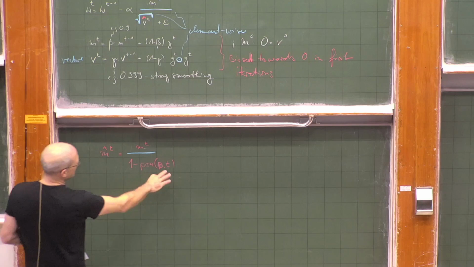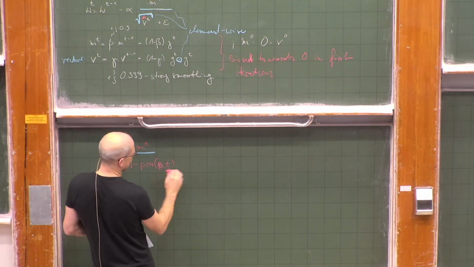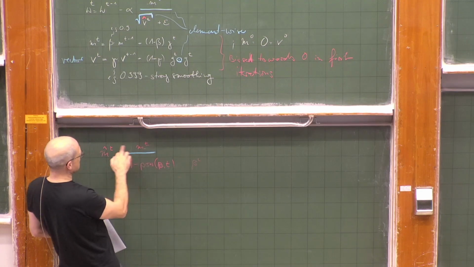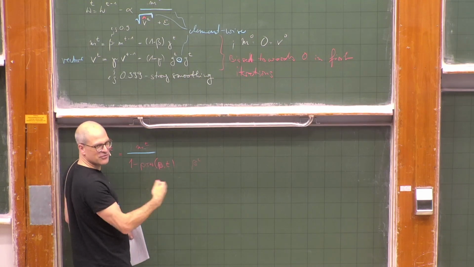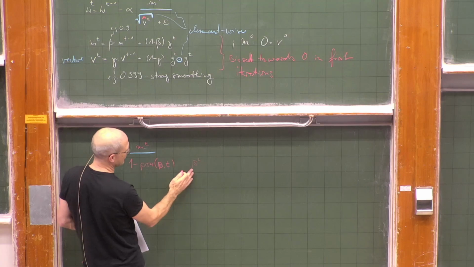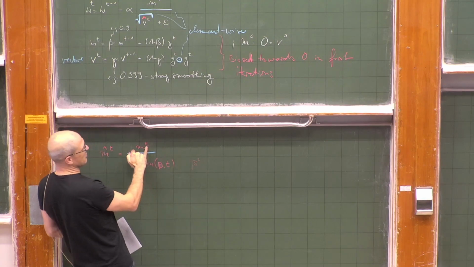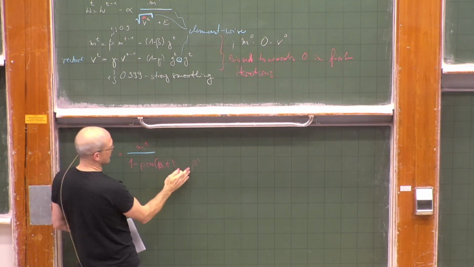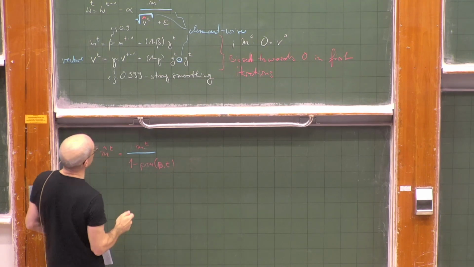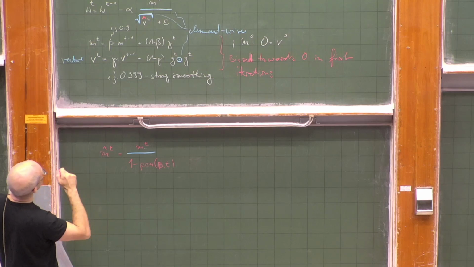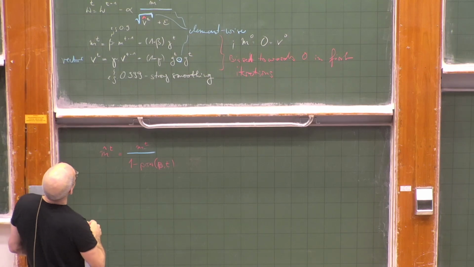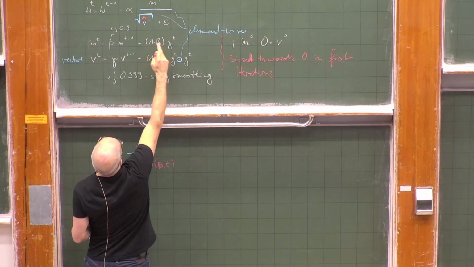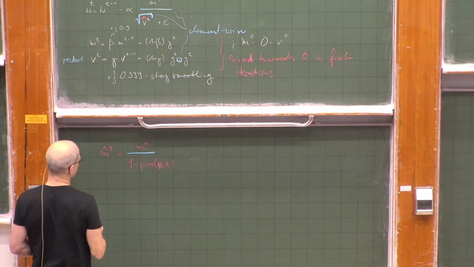I'm writing this in the funny way here because what I really mean is beta to the tth power, but previously I always had a t superscript just to indicate what iteration we're talking about. So here the t did not mean we take m to the power of t, it said m at iteration number t. But this time I really want to take beta to the tth power, because this is what we have here in the first t iterations.